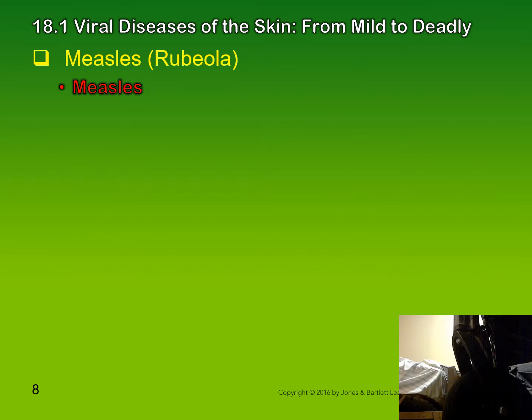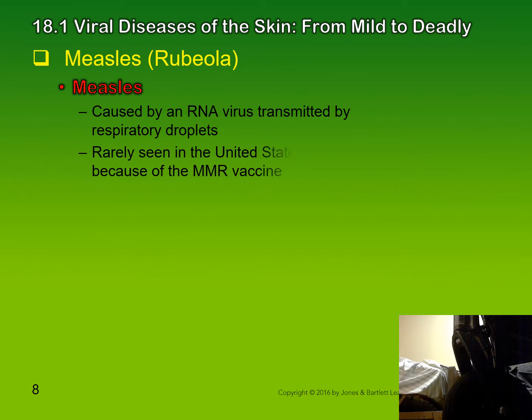Measles, or rubeola, caused by an RNA virus transmitted by respiratory droplets. Nowadays, because most people in the US are vaccinated with the MMR vaccine, it's very rarely seen in the United States.